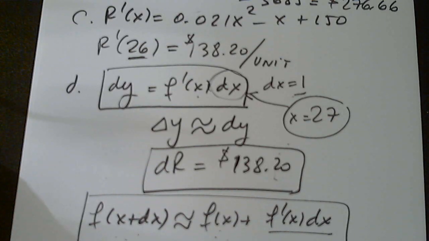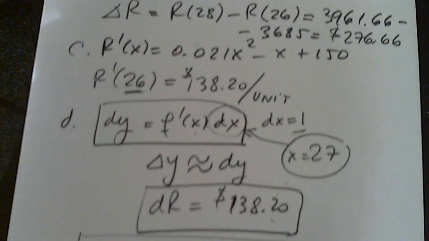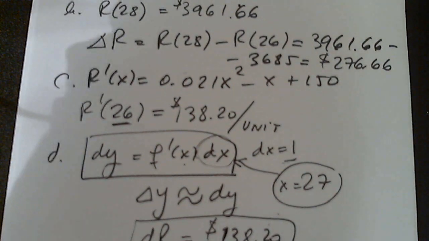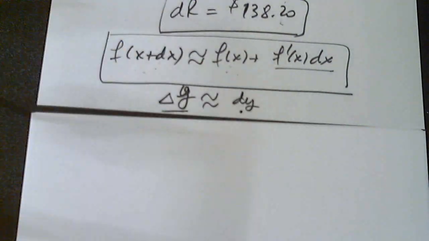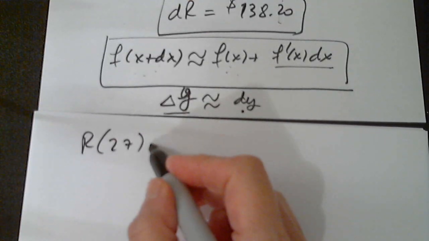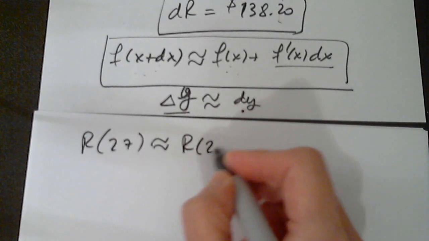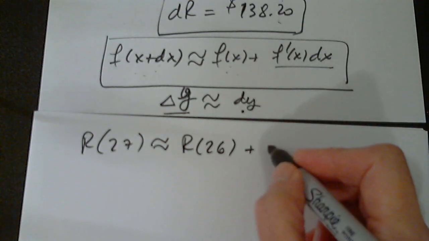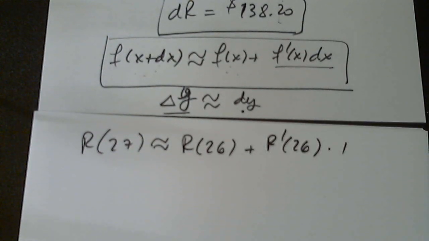Now, let me just read one more time here. The revenue resulting from selling 27 suitcases per week. So they said to estimate the revenue. Okay, so this is the revenue for 27, which is approximately the revenue for 26 plus r prime of 26 times 1.